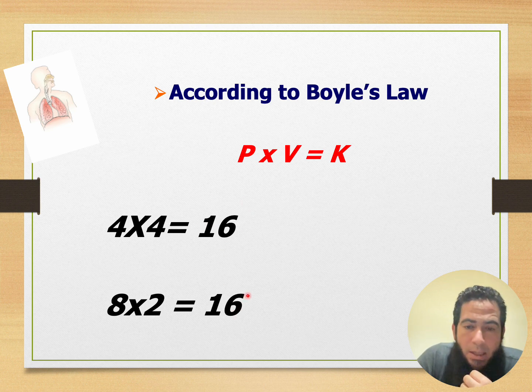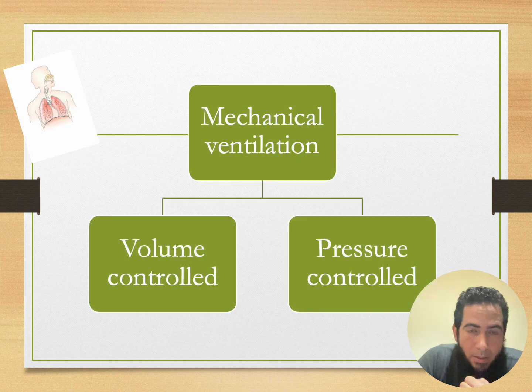That means in mechanical ventilation, you either choose to control the volume and the pressure will be variable according to the lung mechanics, or you choose to control the pressure and the volume will be variable according to the lung mechanics. So you can't control both of them. That's why the two main ways of ventilating a lung is either volume controlled modes or pressure controlled modes, and I believe it's clear.